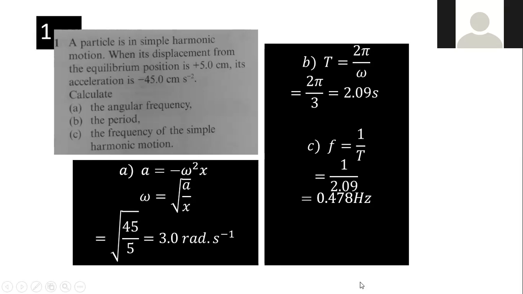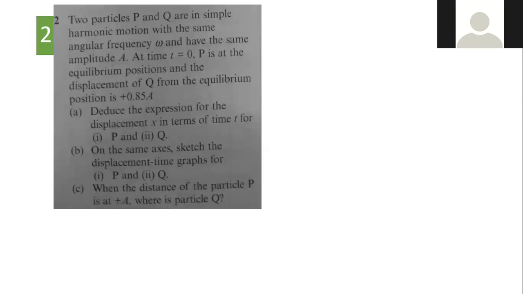Okay. Anything not clear? If not, let's go to number 2. Two particles P and Q are in simple harmonic motion with the same angular frequency and have the same amplitude.